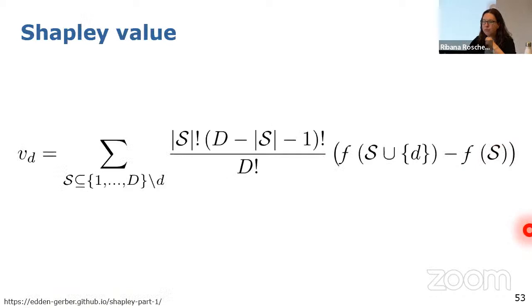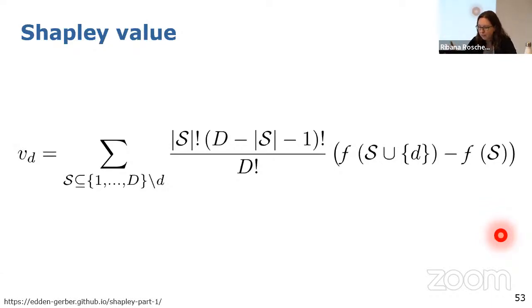And I will go step by step through how it's computed, because I think then it's easier to understand. But first of all, I want to show you the equation, how the Shapley values are computed. And again, it's a formula, it's an equation. When you look at it, it's like, okay, not so obvious, but let's go through all the elements.